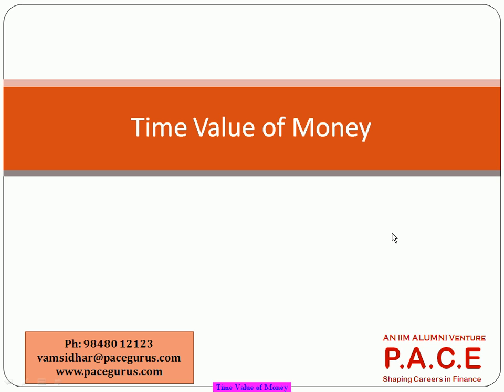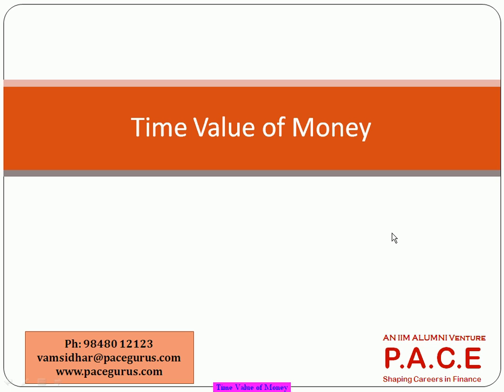Any calculation we do is based on the time value of money, and all it is saying is that money at different points in time carries different value. Probably having 100 rupees today versus having the same 100 rupees after 2 years, the importance is different.